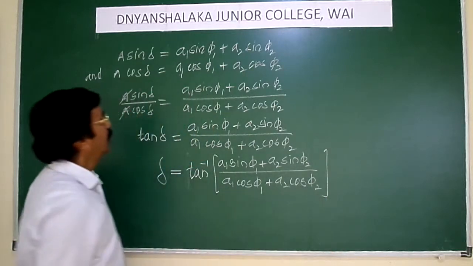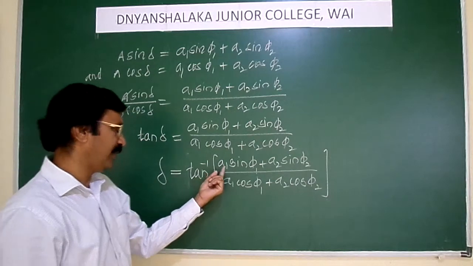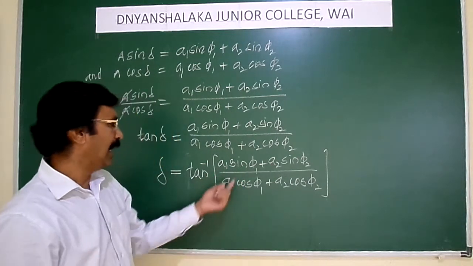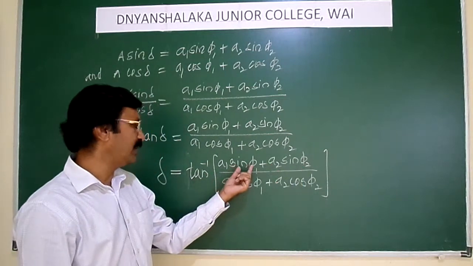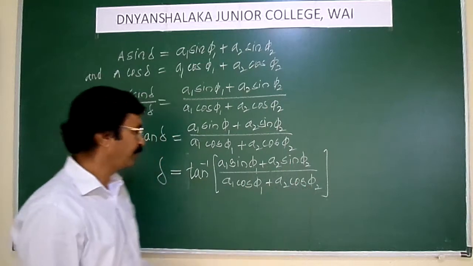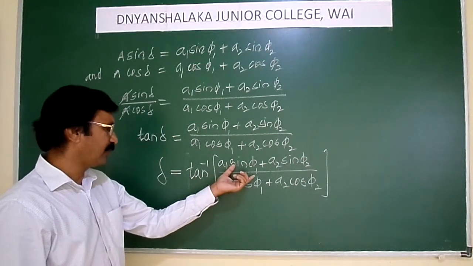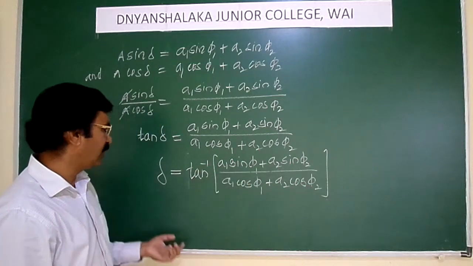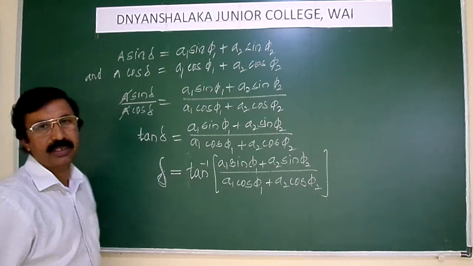From the given expressions, we will come to know the value of A1 and A2, and knowing the value of phi 1 and phi 2, we can obtain the values of sin phi 1, sin phi 2, cos phi 1 and cos phi 2. And so as we get the angle over here, tan inverse of the given value in radian, we will be able to get the initial phase delta.